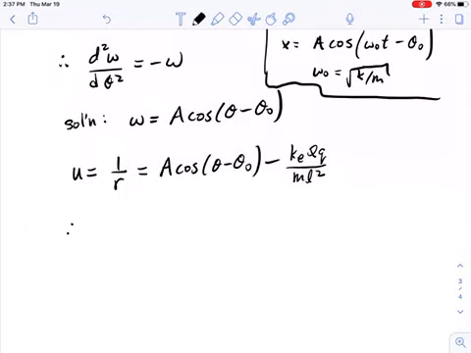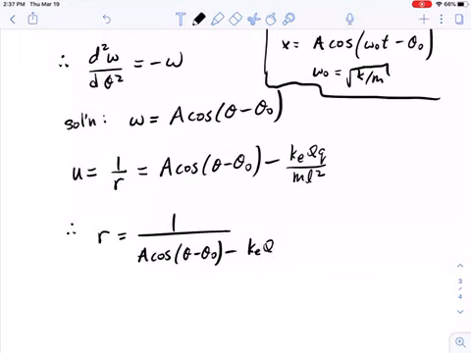And then inverting everything, r as a function of theta can be written as 1 over A cos(θ minus θ naught) minus k_e q q over m l squared.